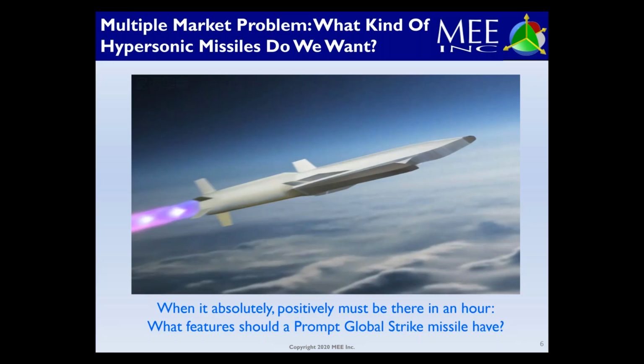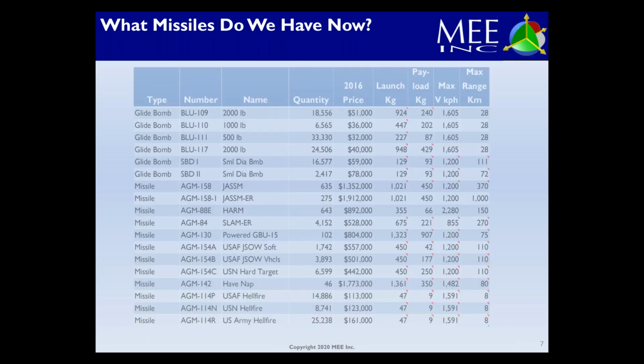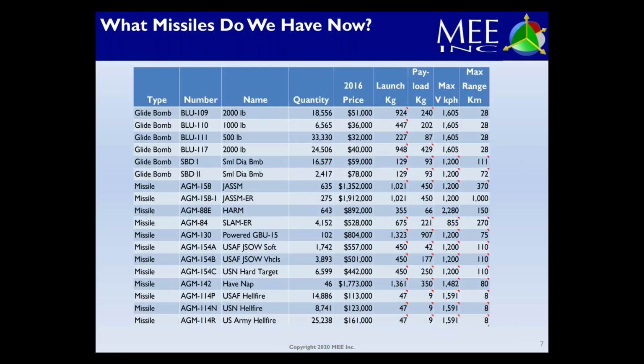So what we want to do is ask ourselves, what kind of air-launched missiles do we have now? Here's a survey of the missiles and the glide bombs that the United States bought over a 20-year period. Here's their 2016 price, their quantity over this period, and their other parameters.